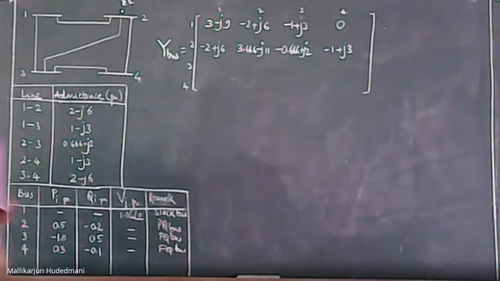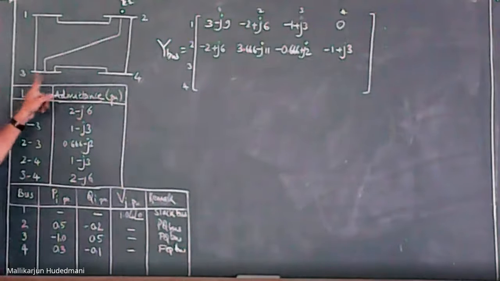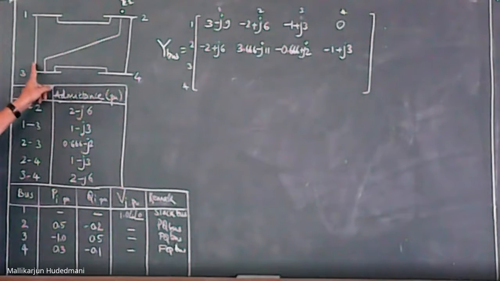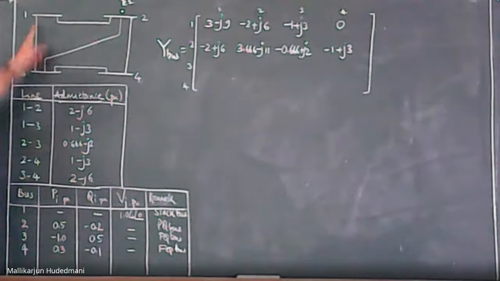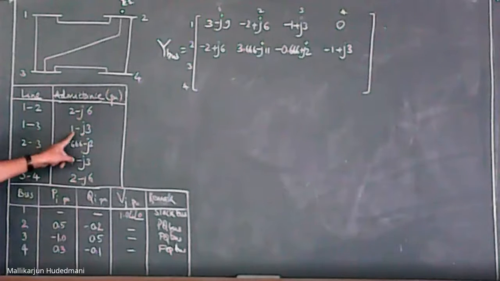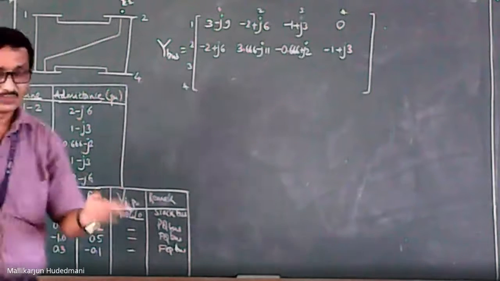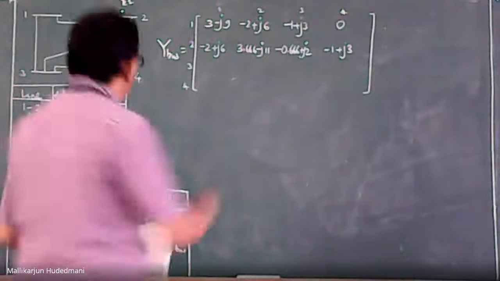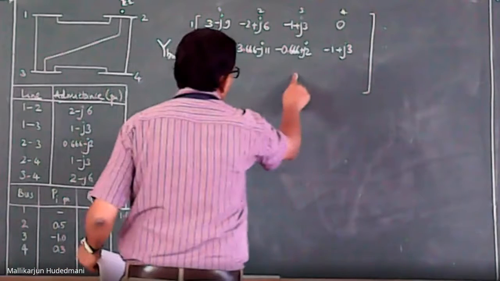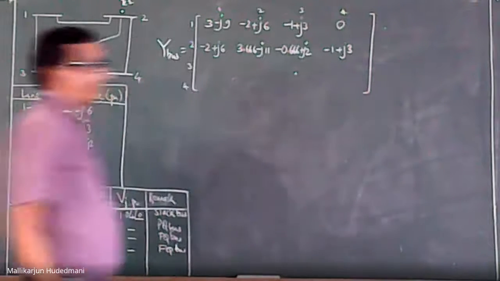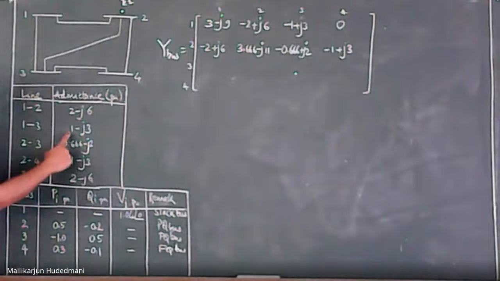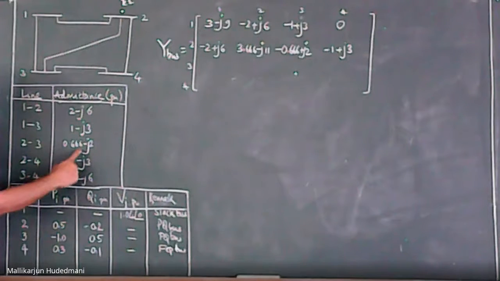Likewise, I move to bus number 3. How many elements do you have here? 1, 2, 3. 3 to 1, since 1, 3 is same as 3, 1. 2 to 3, 1 line. 3 to 4. Wherever bus number 3 appears, 3 times it appears. Add them. Place them on 3 cross 3 as a diagonal element. So, how much is the value? 1, 1.66, 2.